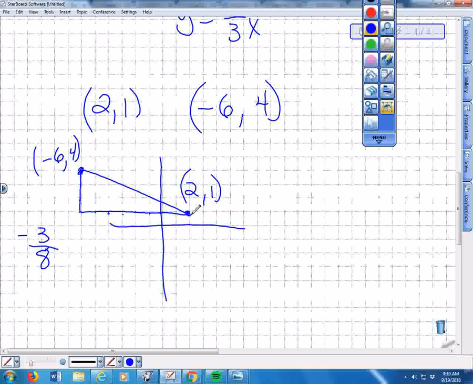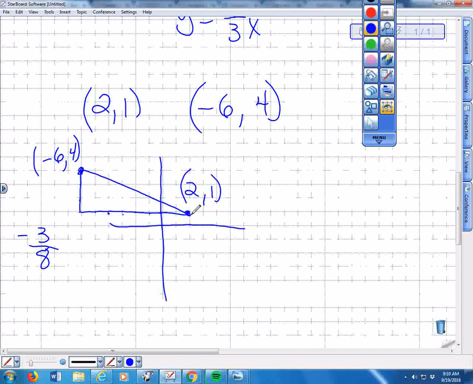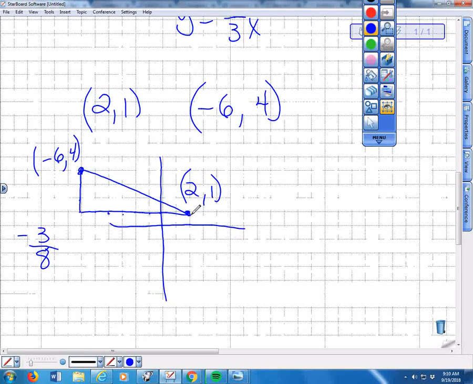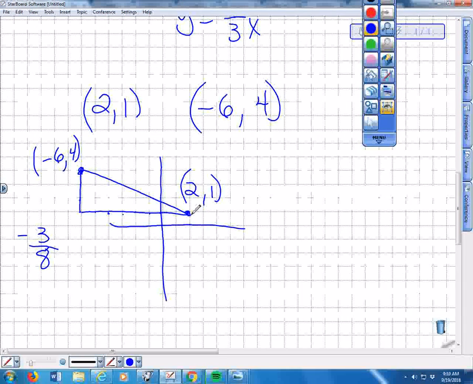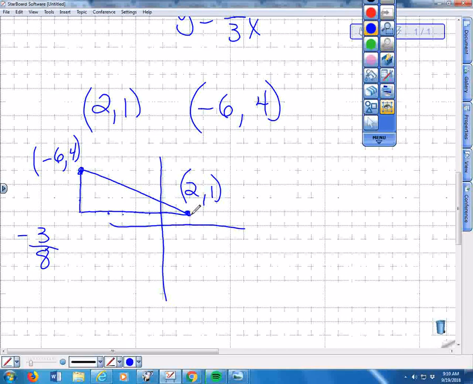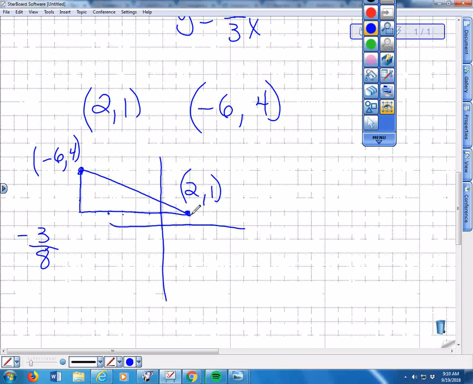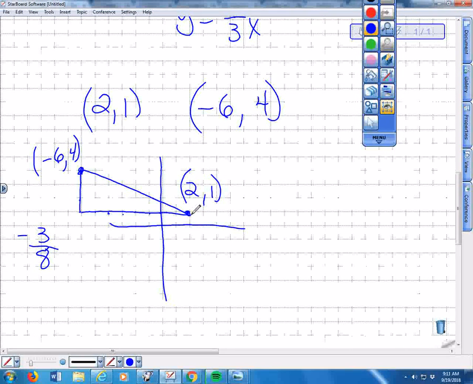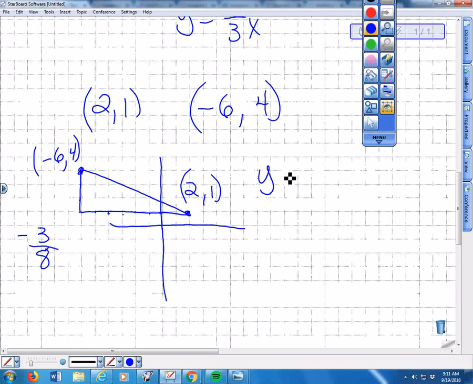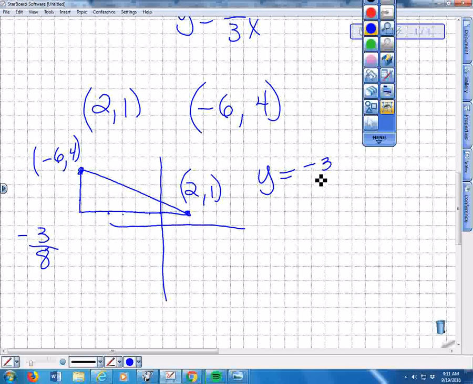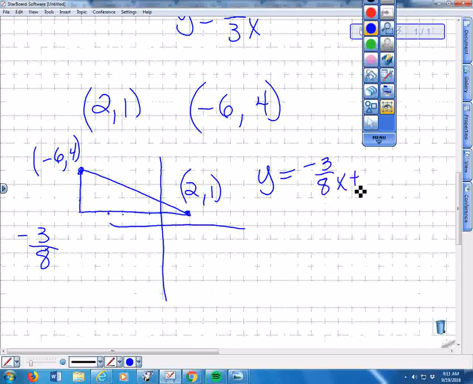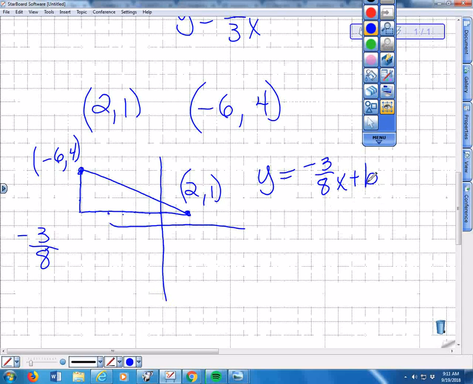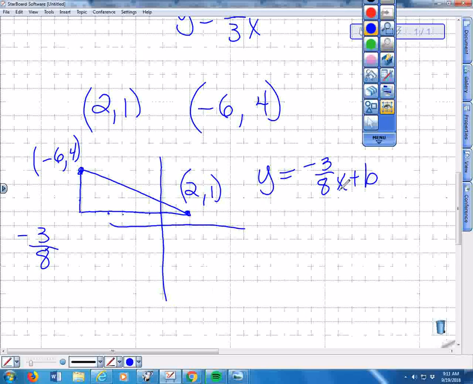How can I find exactly what that y-intercept is given 2 points? So Jaron? The slope-intercept form. Yep. I found the slope already, right? So I can write y equals negative 3/8 x plus b. Well, this puts me in a spot, though, because now I've got an unknown y, an unknown x, and an unknown b, and I'm trying to find b.